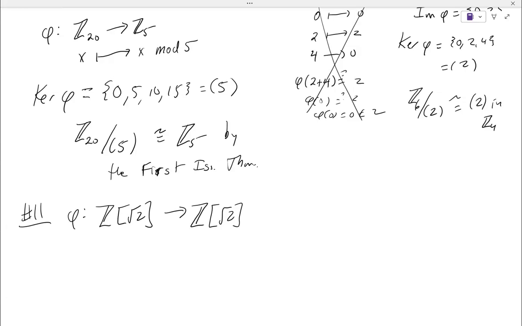Remember that structure? Let's define this by phi of A plus B root 2 equals A minus B root 2. What do we call that when we change the sign in the middle, by the way? Conjugate. Good. Yep.